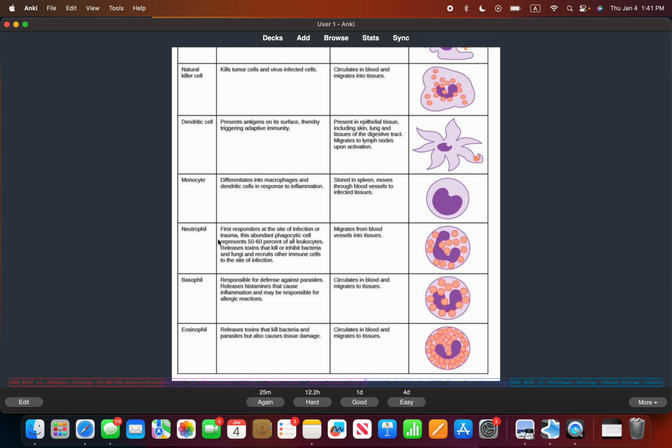All the granulocytes migrate from blood into tissues when needed. So they normally circulate in blood, and they go to tissues if needed. Eosinophils release toxins that kill bacteria and parasites, but also cause tissue damage.